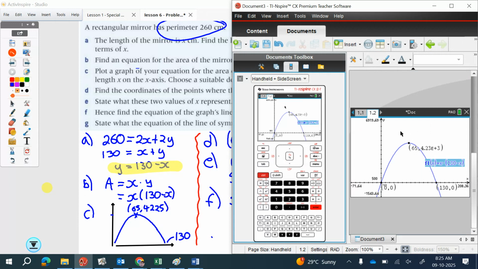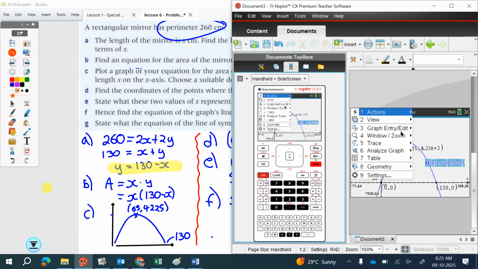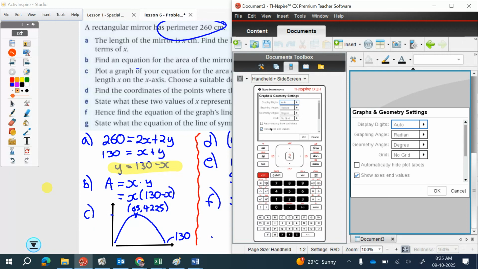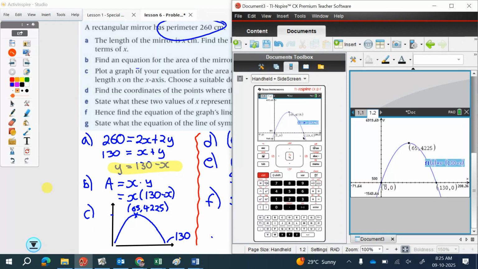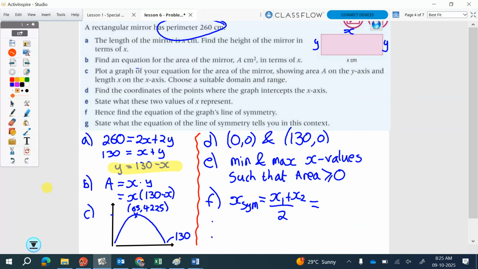No? If I change it into a higher float, put it into float 4, if you're wanting to see the number, play around with that until you get the information you need. So the equation of the axis of symmetry is x equals 65.